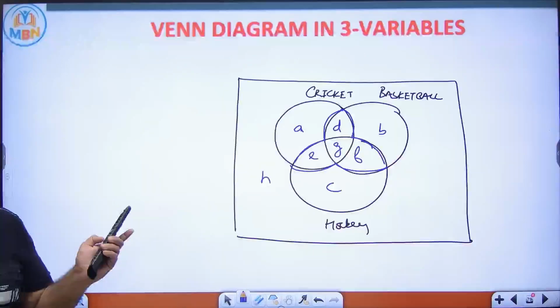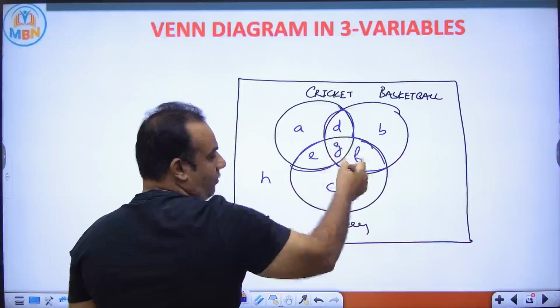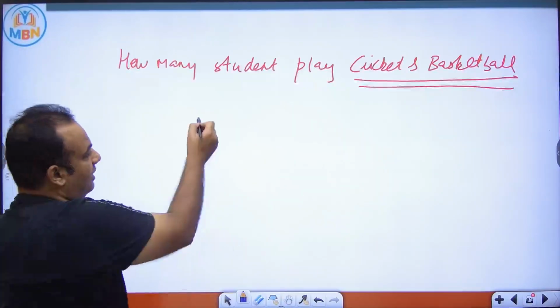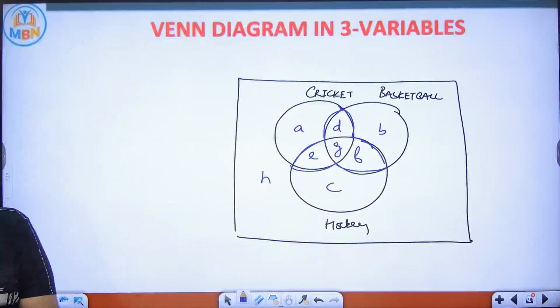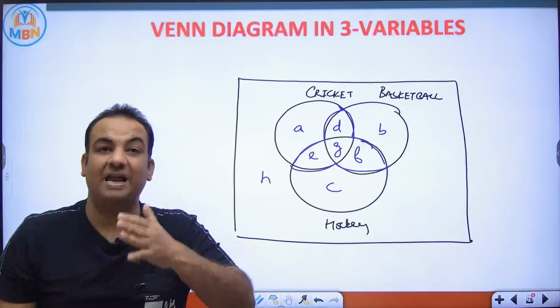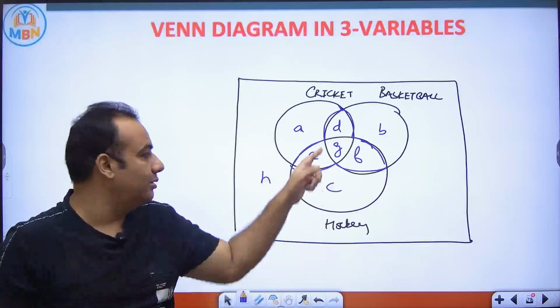If you look at the diagram very carefully, this is the common area. So that is D plus... This is the place where I've seen many students making a mistake. They give the answer only D. But G is also playing cricket and basketball. If they ask those who play cricket and basketball both, the answer is D plus G. If they ask only cricket and basketball, the answer is D.